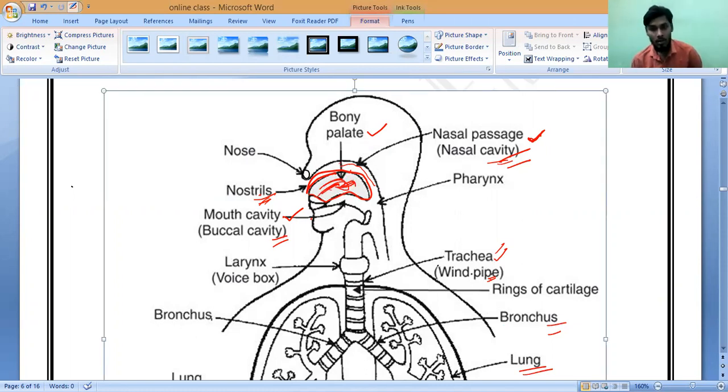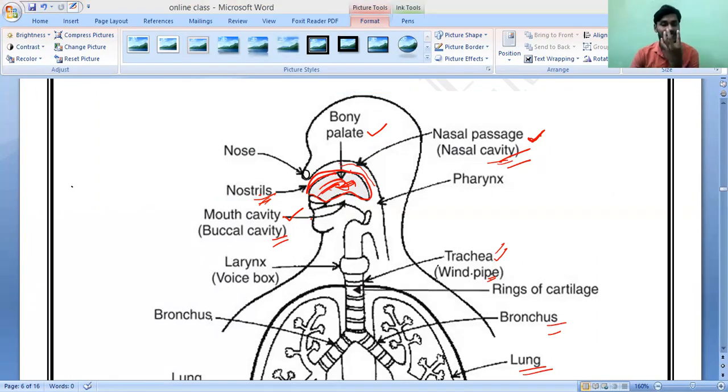Now, the passage in the nose behind the nostrils is called the nasal passage, or nasal cavity. The air for respiration is drawn into our body through these nostrils, which are present in the nose.